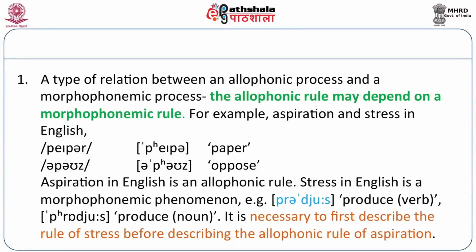However, there are also cases where stress is the only cue to the difference between words which belong to two grammatical categories. Thus, stress is involved in also expressing grammatical distinctions. For example, we have produce versus produce. The words are different mainly in terms of the stress and the consequences of the stress.